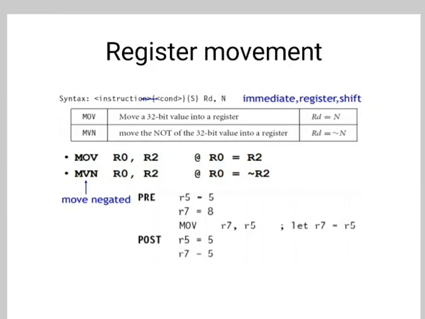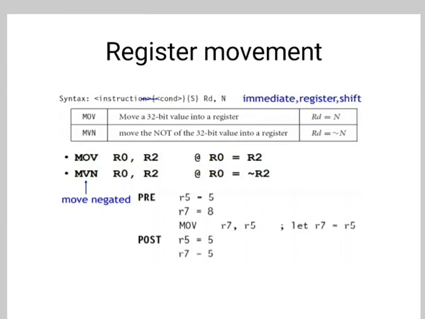Now here are MOV and MVN, that is move negated. These instructions ignore the first operand, which is omitted from the assembly language format.